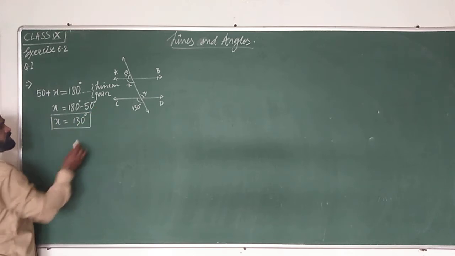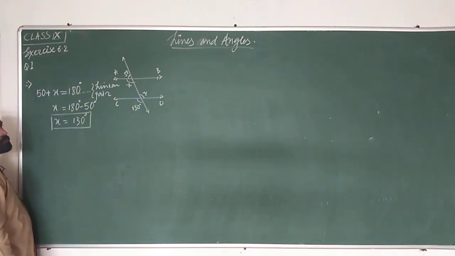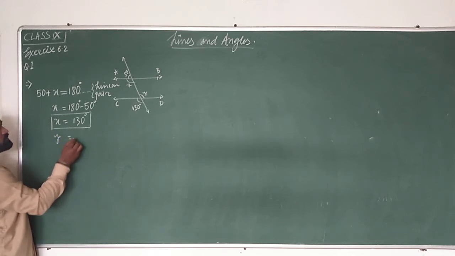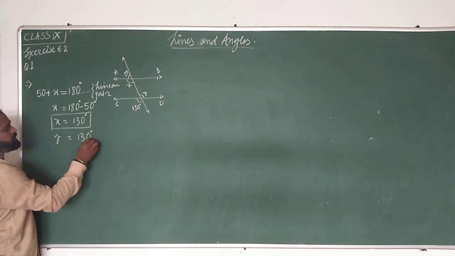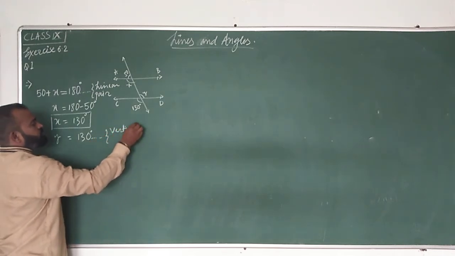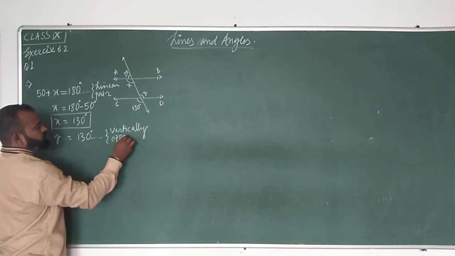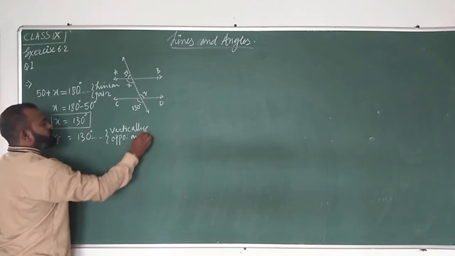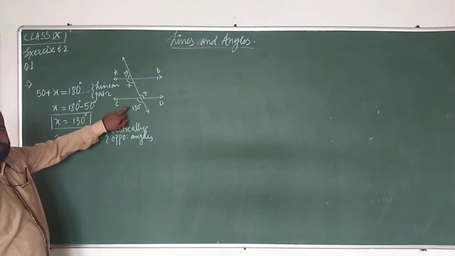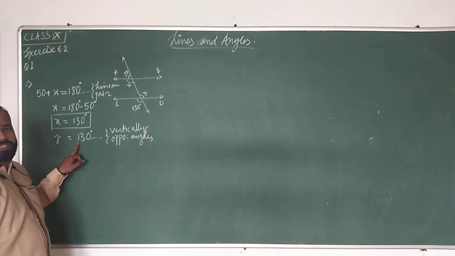Now let us find y. What is the relation between y and 130 degrees? It is a vertically opposite angle, so we can write y is always equal to 130 degrees. You will ask me, sir, these two are also corresponding angles, so can't we find y equals 130 degrees by corresponding angles?